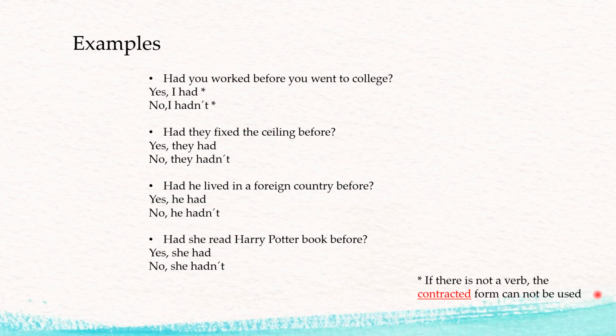Let's see some examples, questions and answers. Let's go to check the first. Had you worked before you went to college? Verb in past participle and an auxiliary had. Our answers are positive, yes, I had.